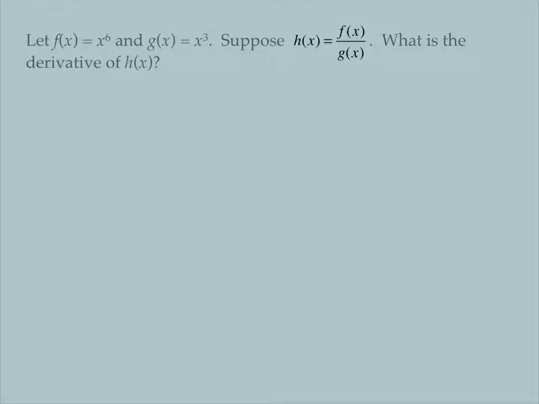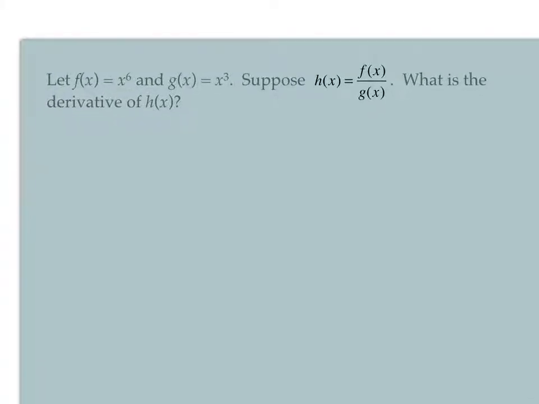Okay, so let's look at the quotient rule. Same thing with derivatives of divisions: you can't just do the derivative of the top and the derivative of the bottom and divide them. You're not allowed to do that. It would be nice if you could.